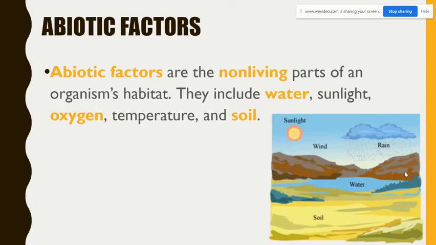Then the abiotic factors are the non-living parts of an organism's habitat. So those things that are non-living are water, sunlight, oxygen, so the air and the other gases in the air, and even soil and what soil is composed of, and rocks and things like that.